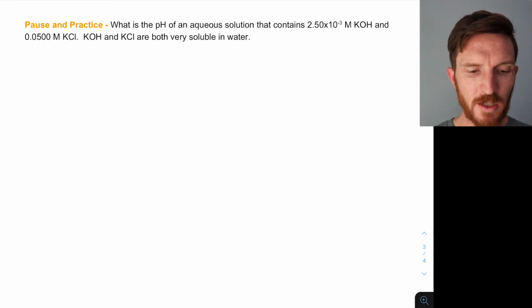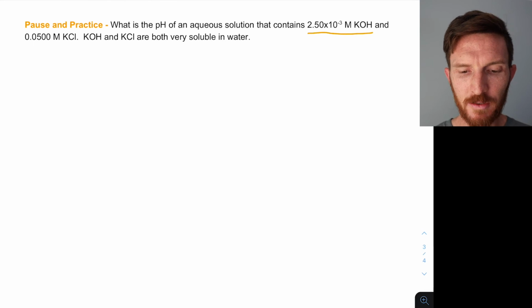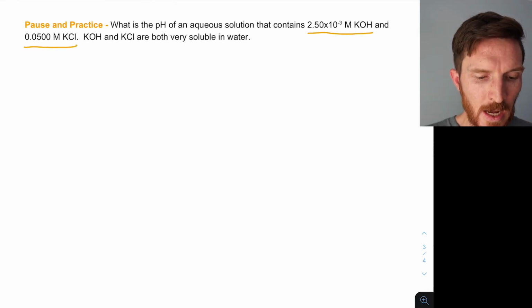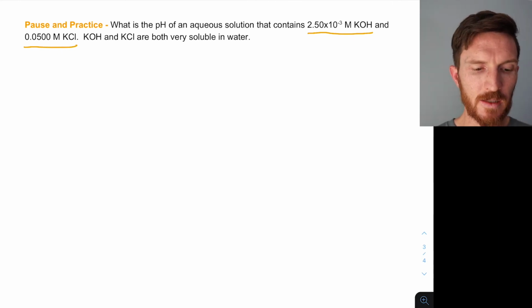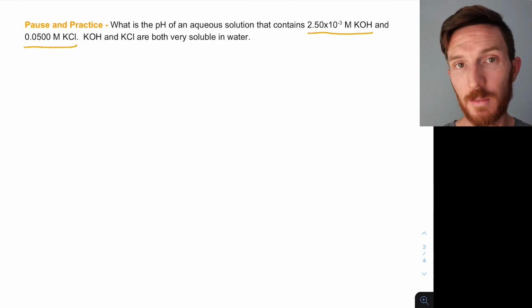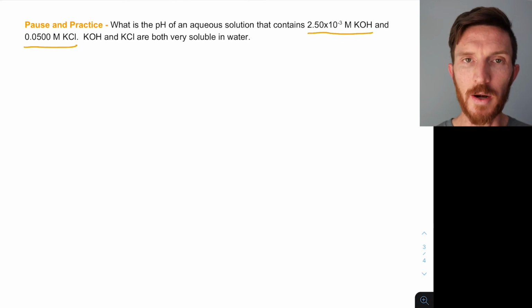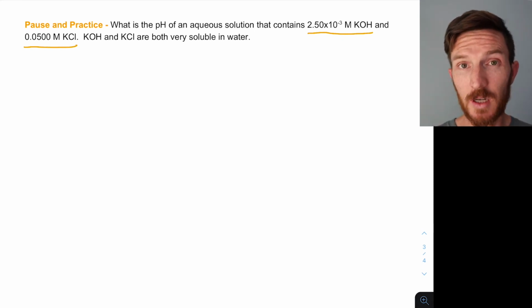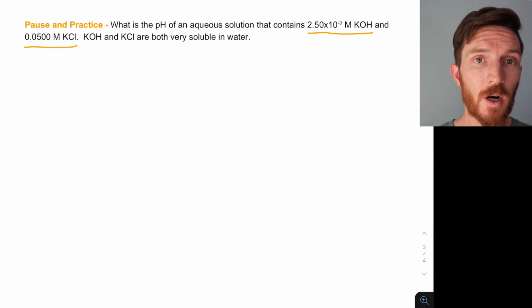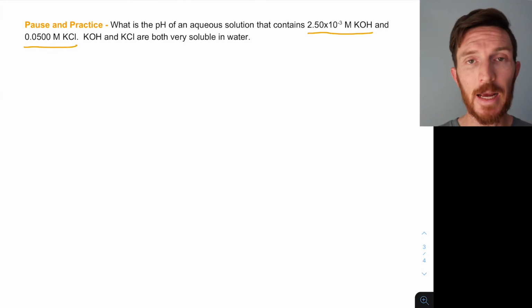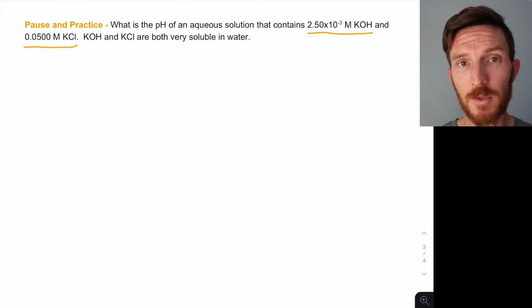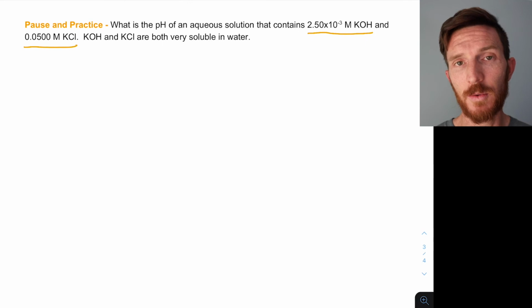We want to find the pH of an aqueous solution that contains 2.5 times 10 to the negative 3rd molarity potassium hydroxide and 0.05 molarity KCl. KCl and potassium hydroxide are both very soluble in water. So ask yourself what's going to influence our pH and what kind of reactions we'd have. Pause the video, work through this on your own, and then come back and see what we got.